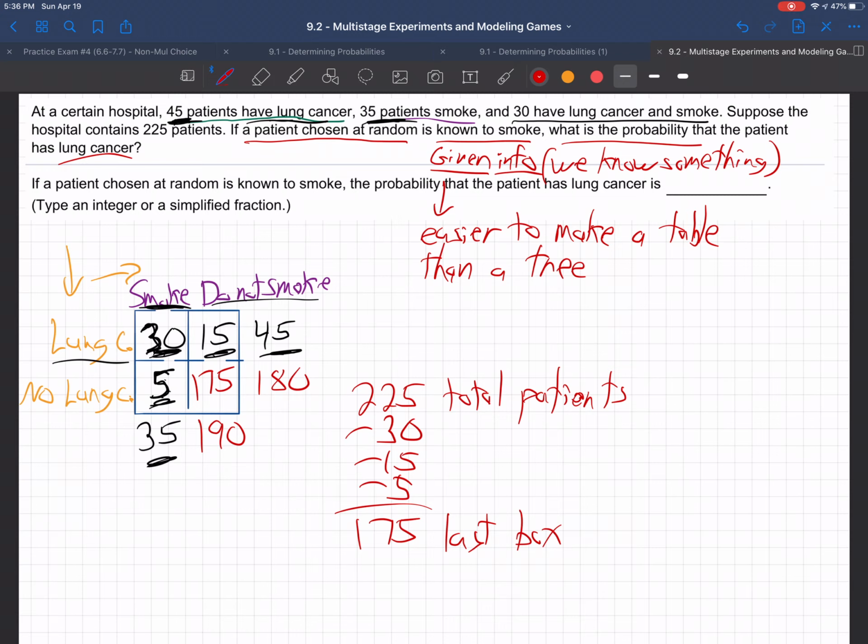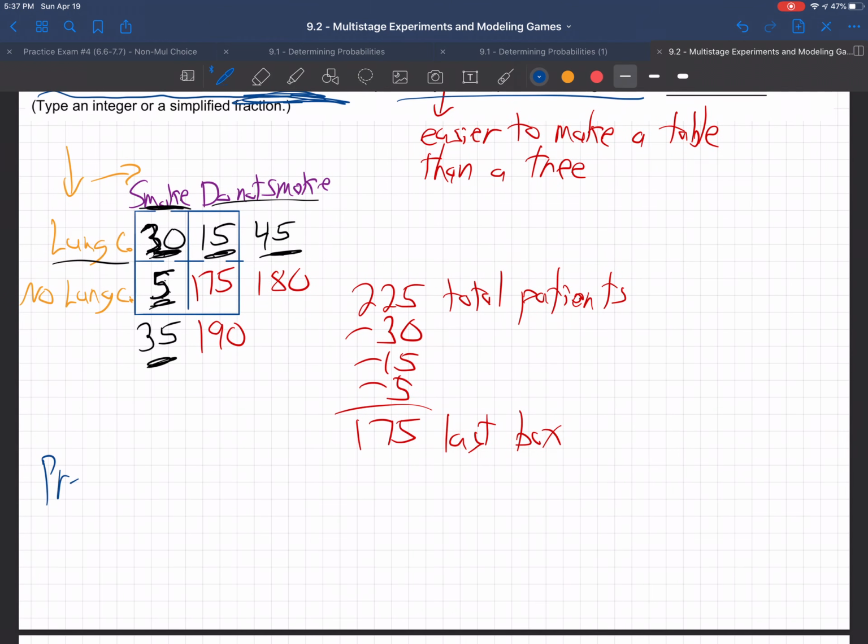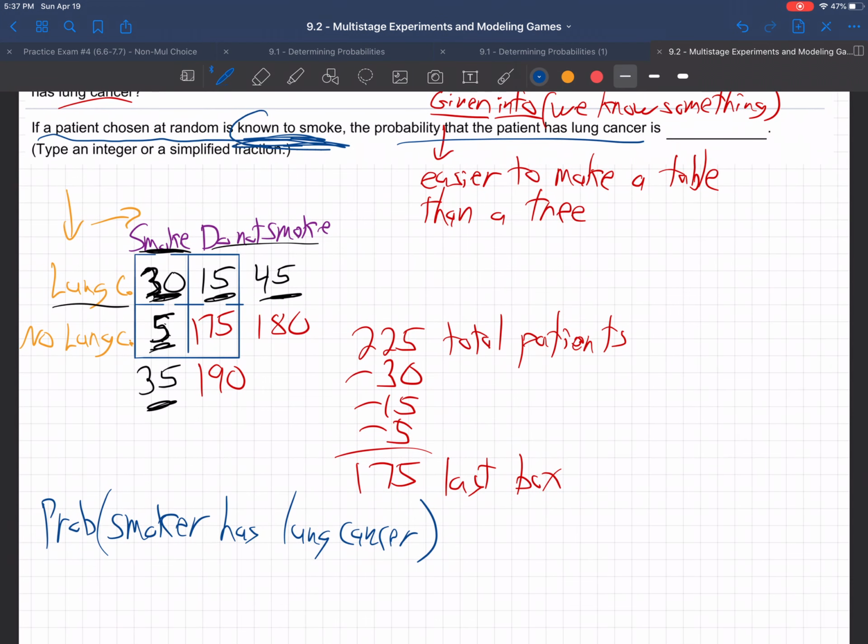Now we're ready to answer their question. If a patient chosen at random is known to smoke, what's the probability they have lung cancer? You grab a patient who's a smoker. That means you're talking about this group of people, because those are the smokers. In fact, let me circle it.